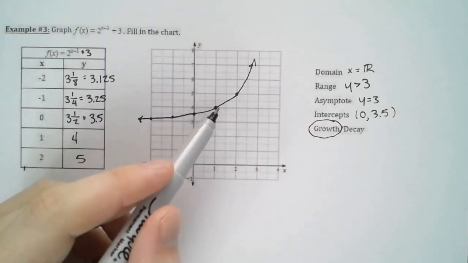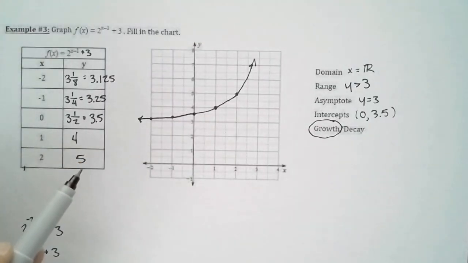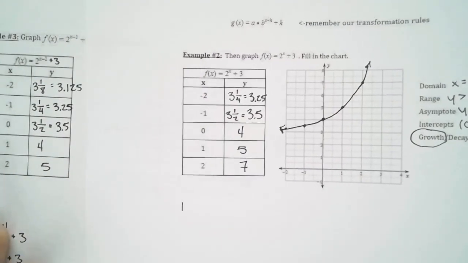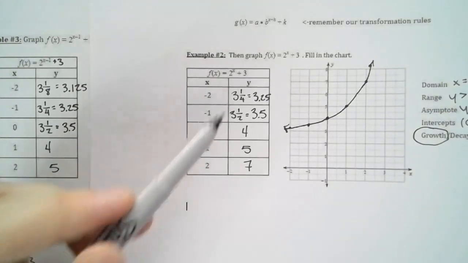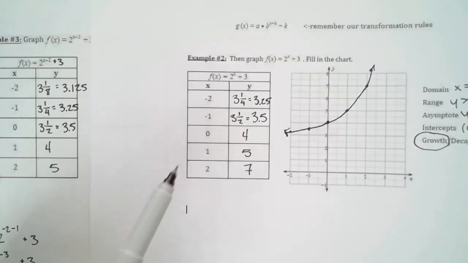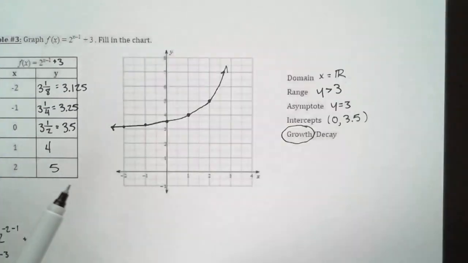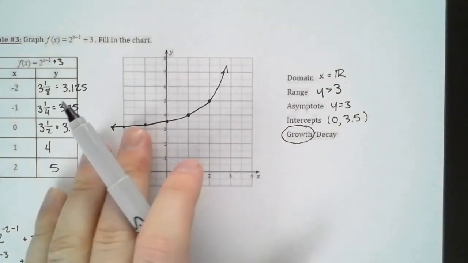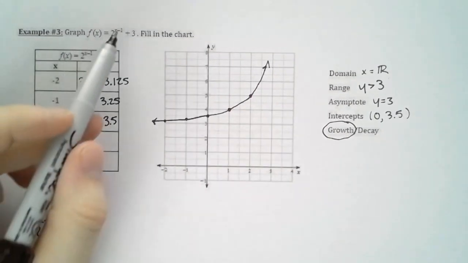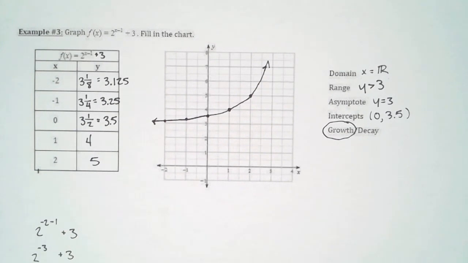The 0, 4 has been moved over to 1, 4. If you compare your outputs, you have a lot of the same outputs, but they have been shifted. So we had 0, 4, now we have 1, 4. We had 1, 5, now we have 2, 5. So all of our points have been shifted to the right 1 unit because of this -1 out here.